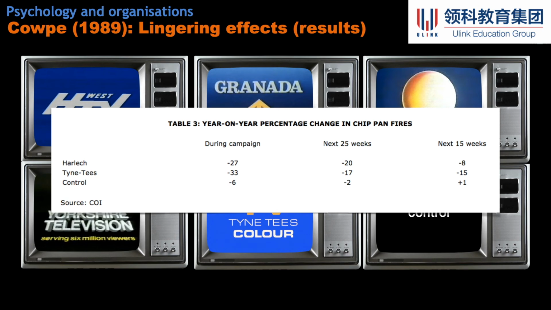One was for the prevention of a chip pan fire, and the other one was for the containment, or how to react to a chip pan fire. Something like you have to wet a tea towel, run to the tap, cover the pot with the tea towel. Don't add water. That'll make things much worse.